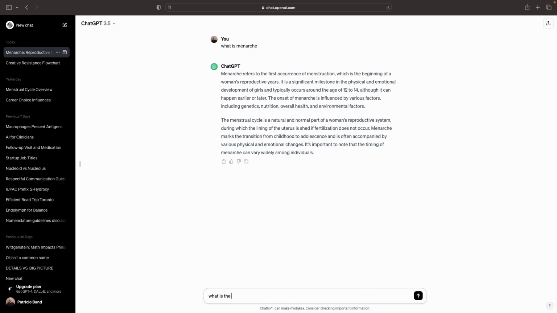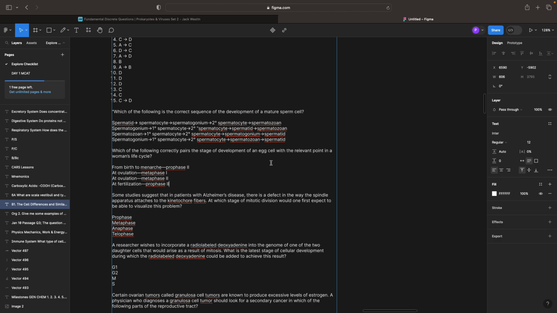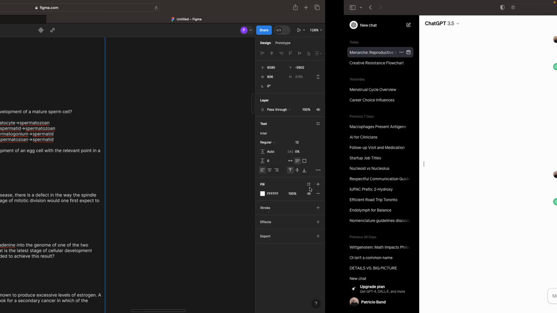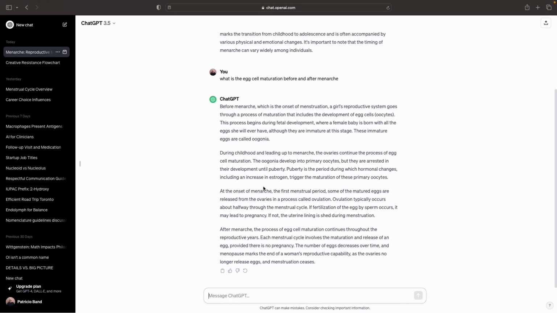So, what is the egg cell maturation before and after menarche? From birth to just before the first ovulation, all these egg cells are arrested at prophase 1, right?